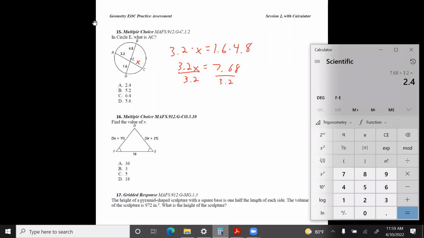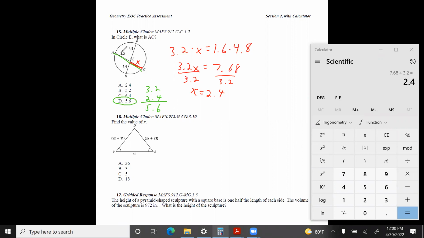Gives us 2.4. So that's x, but that's not what we want. That's only this piece. They want us to find the entire line AC. So now we have to add those together. So we have 3.2 and 2.4 added together gives us 5.6. Is option choice D.